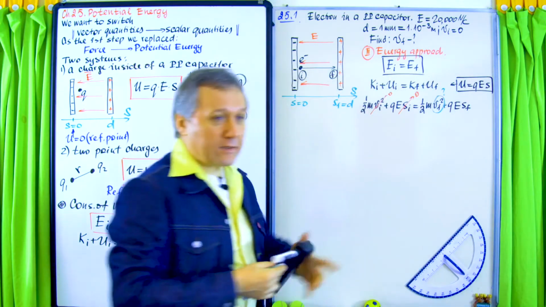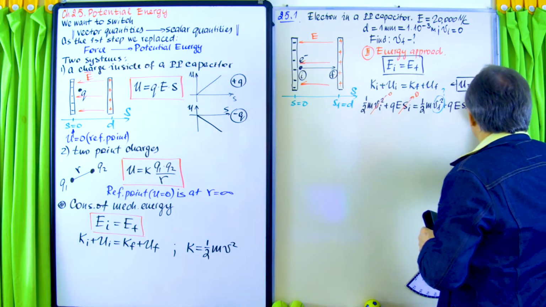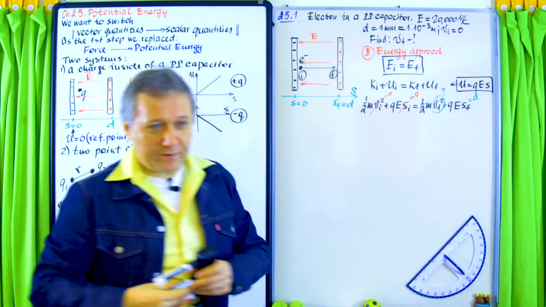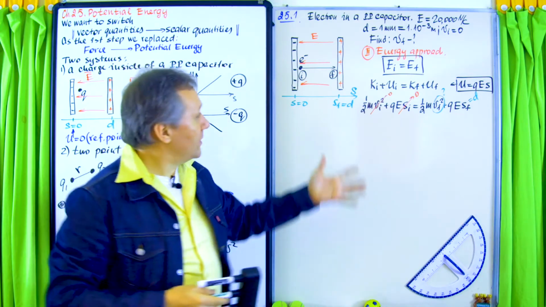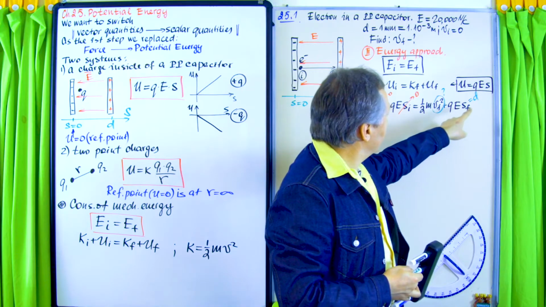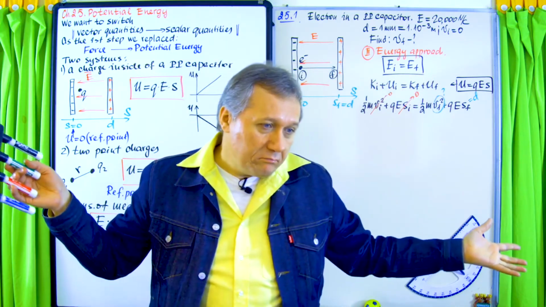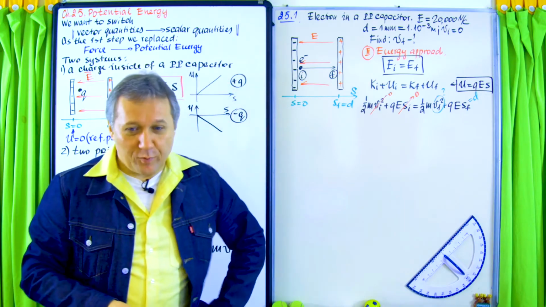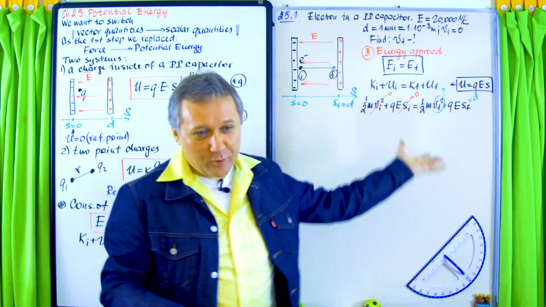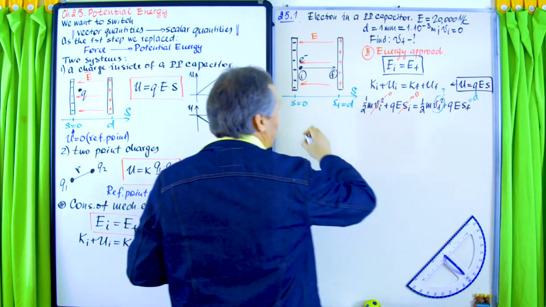And s final, of course, is d, which is given, the spacing between the plates. So basically: given, unknown, given. Everything is given except v final: one equation, one unknown. From the physical point of view, we almost solved it. Now we just need to massage it a little bit and get the expression.